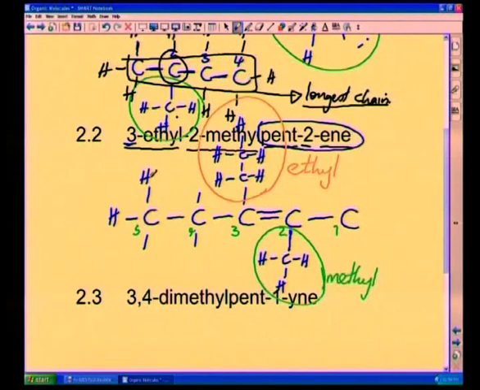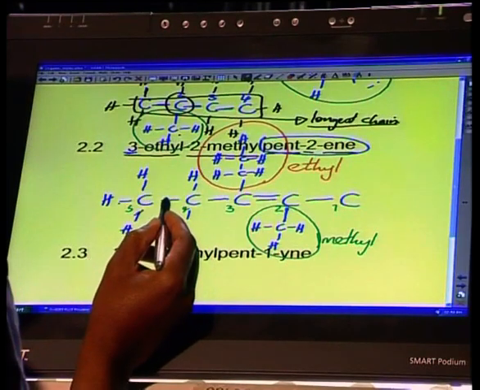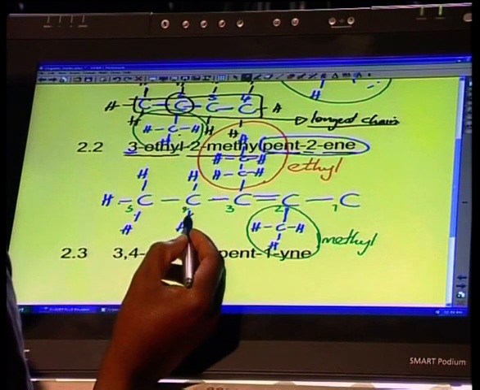H, H, H, H, H there. But make sure, this is crucial, that the bonds around the carbon atom are 4, not more than 4 and not less than 4. They are always 4. So let's look at it. You see here 1, 2, 3, 4. That is around carbon number 5. Around carbon number 4, 1, 2, 3, 4.